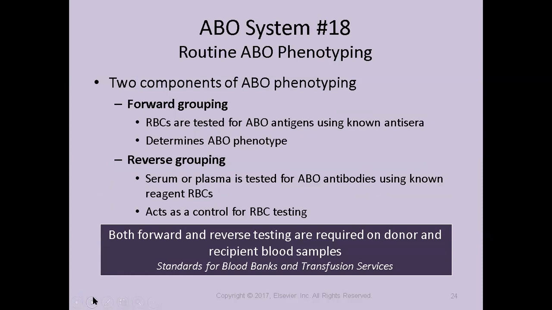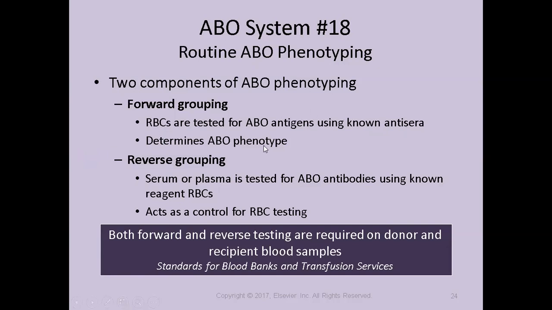All right, so next we're going to review ABO phenotyping, and this should be really easy because you've heard me talk about it ad nauseam by now in labs 1 and 2. When we're doing our ABO phenotyping, remember forward grouping is when we are determining which antigens, if any, are on the patient's red cells, and we use the known antisera.